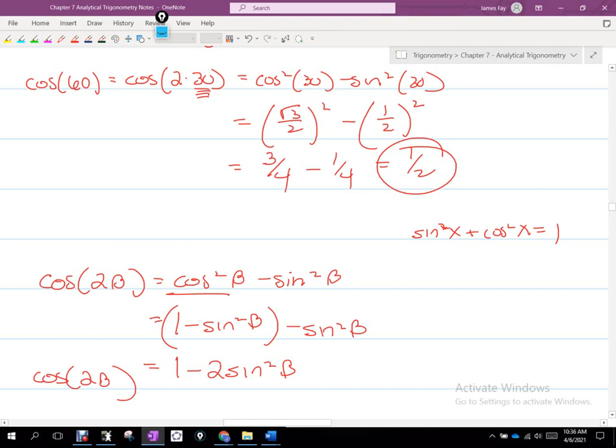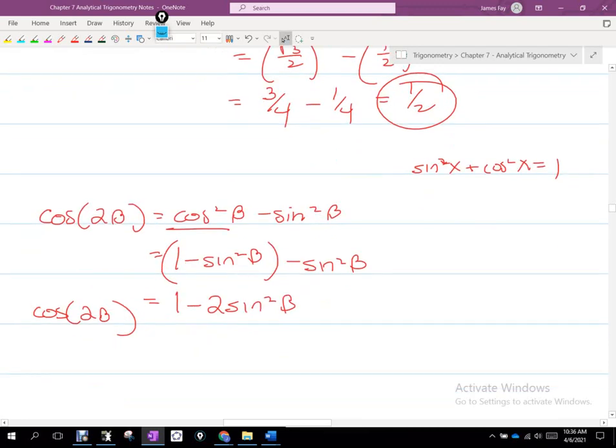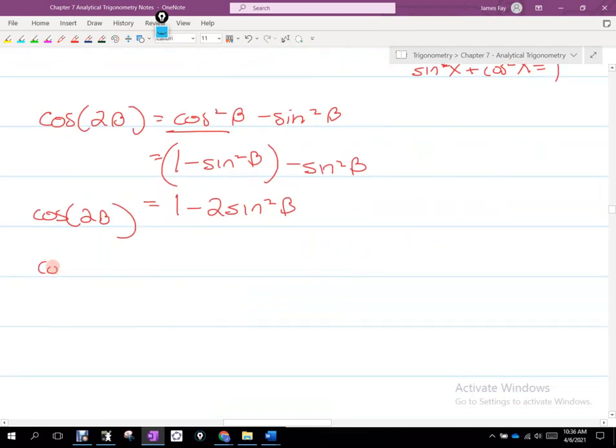1/2. What's 1 minus 2 times essentially 1/4? So if I want cosine of 60, that's equal to cosine of 2 times 30.